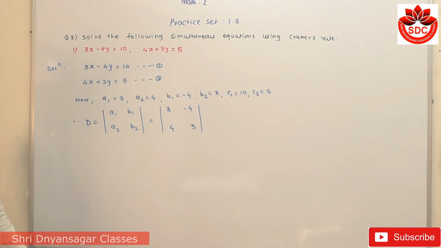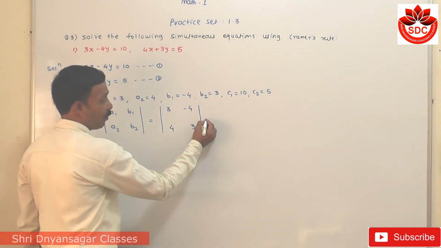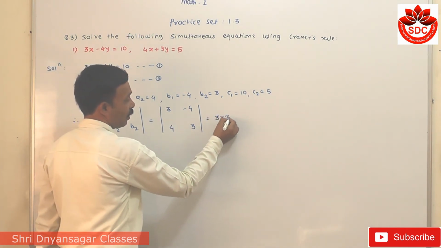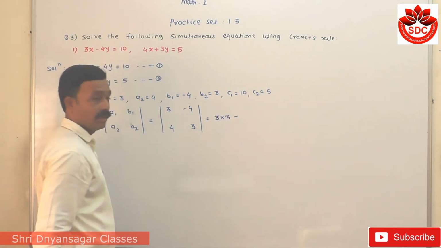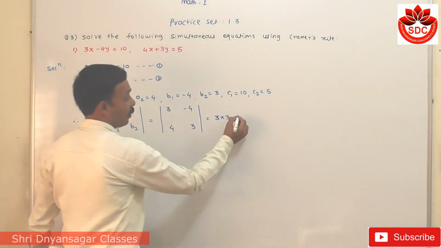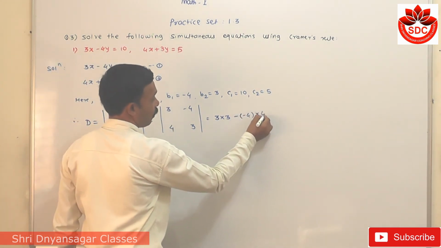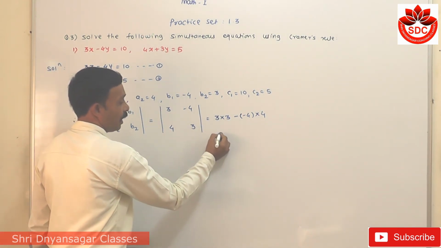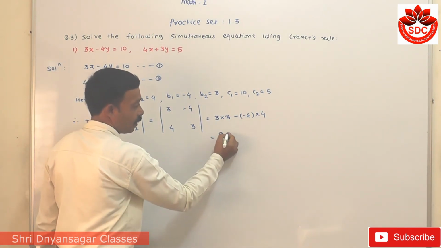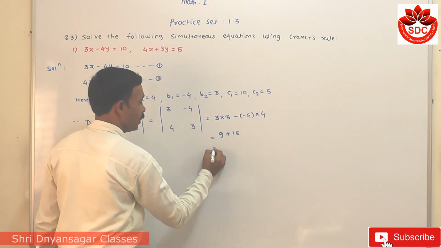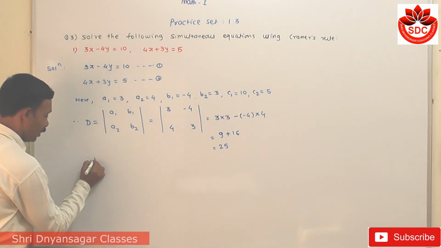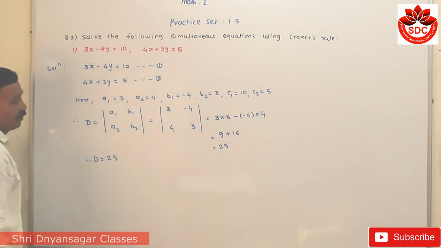Now students, we find the value of the determinant by taking the cross product: 3 into 3 minus 4 into 4, minus 4 into 4. This value is 3 3s are 9, minus minus plus 16, equal to 25. So the value of the determinant D is 25.